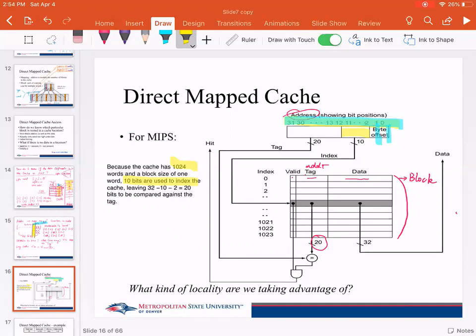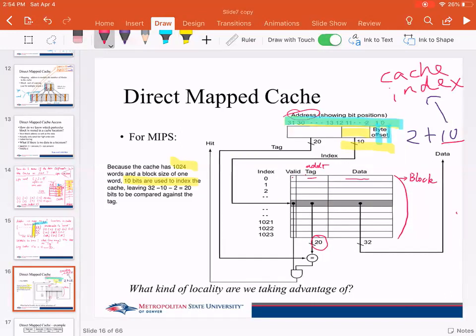Altogether, this will save me 12 bits, because the lower 2 bits are always 0, so you don't need to store them. And another 10 bits here are the same as the cache index, so I do not need to store those 10 bits as well.